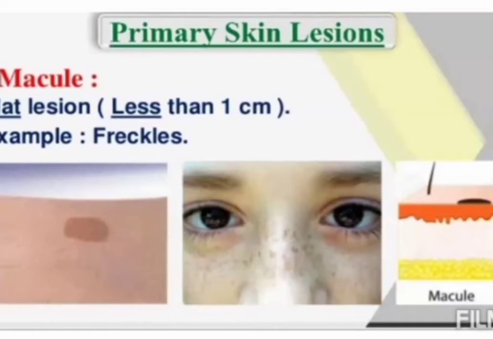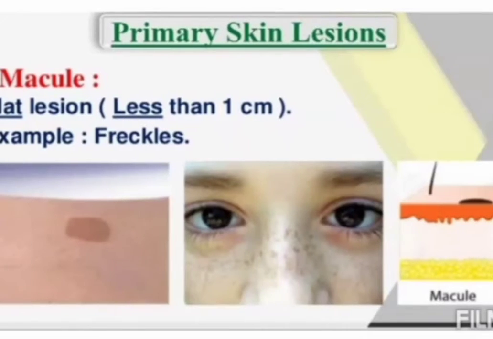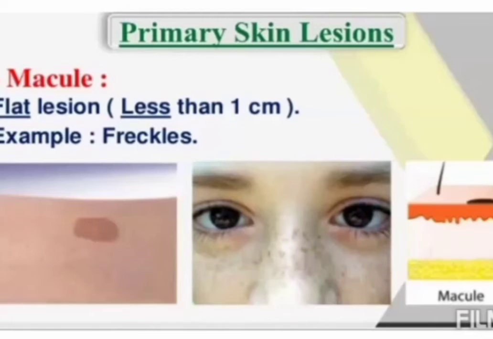Freckles in Malayalam we say pulligal. Most persons have macules on their body, and it is not a problematic one. Just understand that if the lesion is flat and less than 1 centimeter, and the color is mostly brownish or blackish, that is known as a macule.